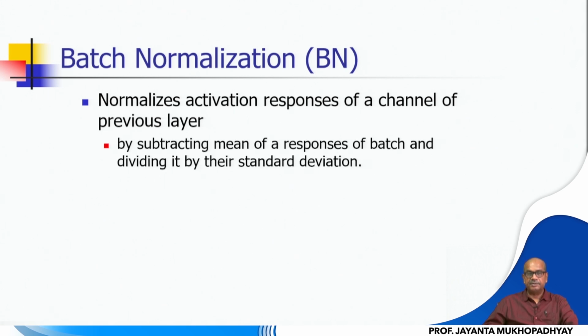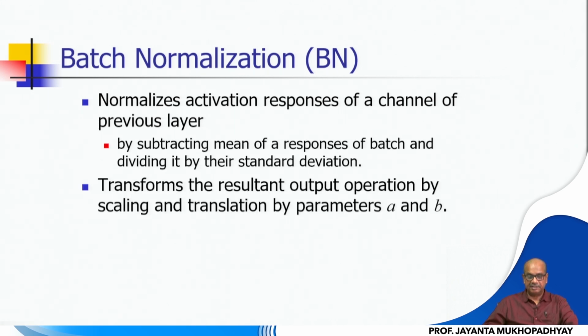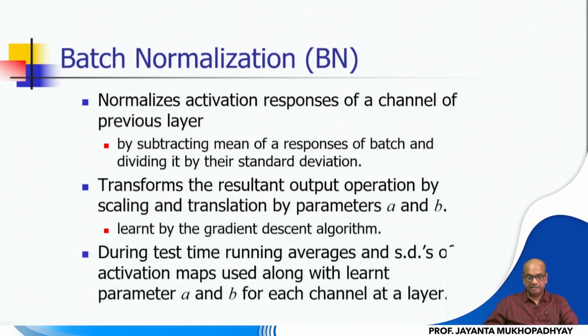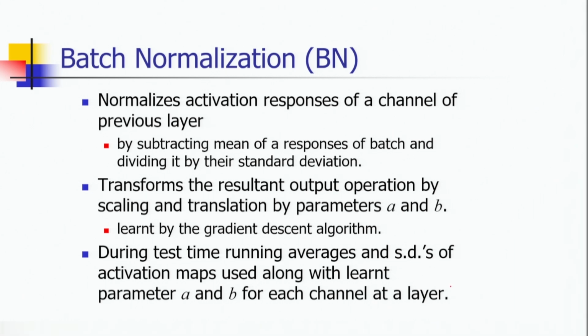In the implementation, as I mentioned, you use the mean and standard deviation, and then you transform the resultant output by scaling and translation with parameters A and B, learned by the gradient descent algorithms.